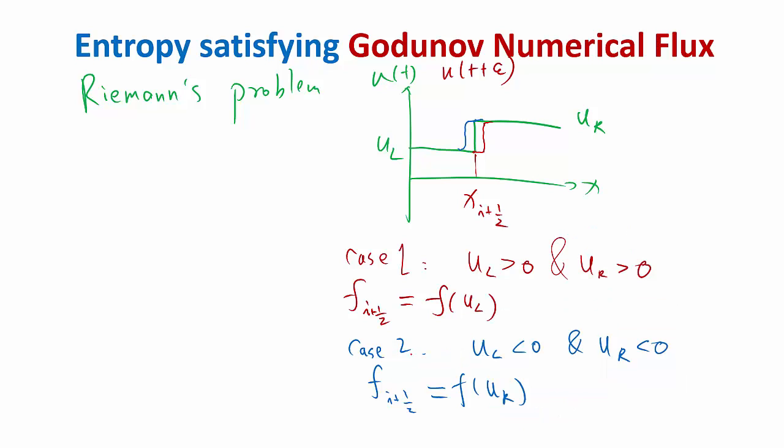So what are the other cases? Case 3 is UL less than 0, less than UR. So now UL and UR have different signs.